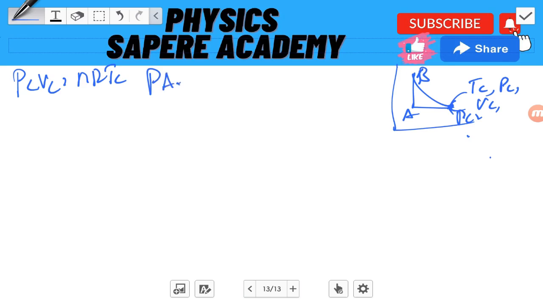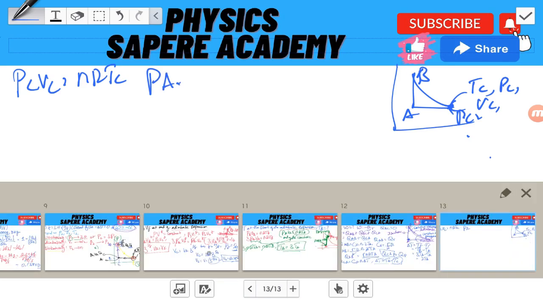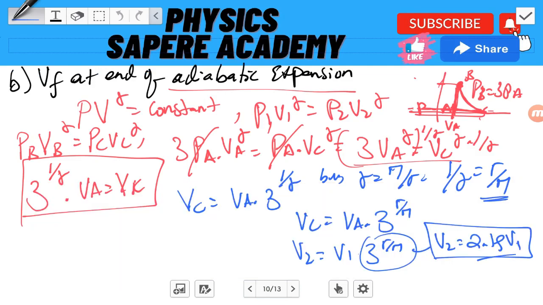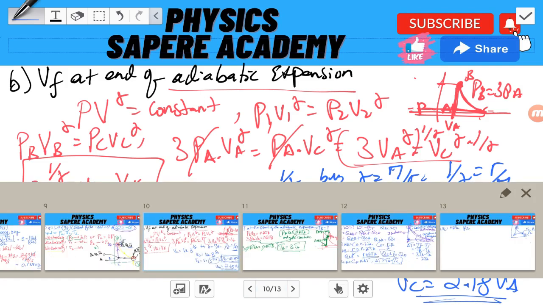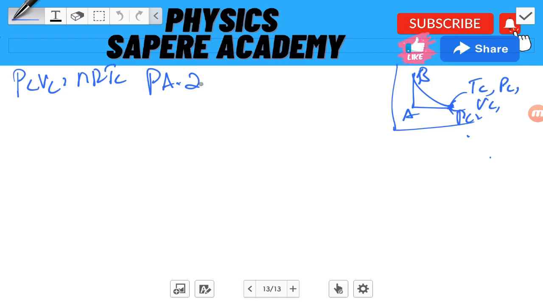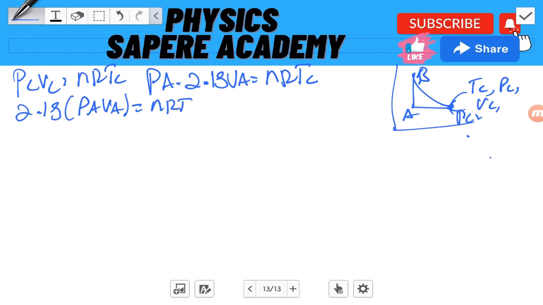We have found VC here, according to the equation given earlier. So V2 means VC. We found VC to be 2.19 VA. Hold on to this. So we have our VC, which is 2.19 VA, which equals nRTC. So this is 2.19 of PAVA, which is nRTC. Now we know that PAVA is nRTA. So here I have 2.19 of nRTA equals nRTC.